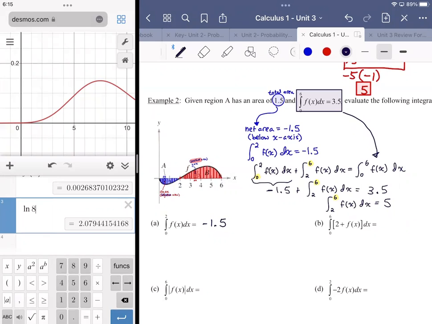You can split by the sum. So I'd have the integral over the interval of 0 to 6 of the integrand 2 with respect to x, plus the integral over the interval of 0 to 6 of f of x dx.